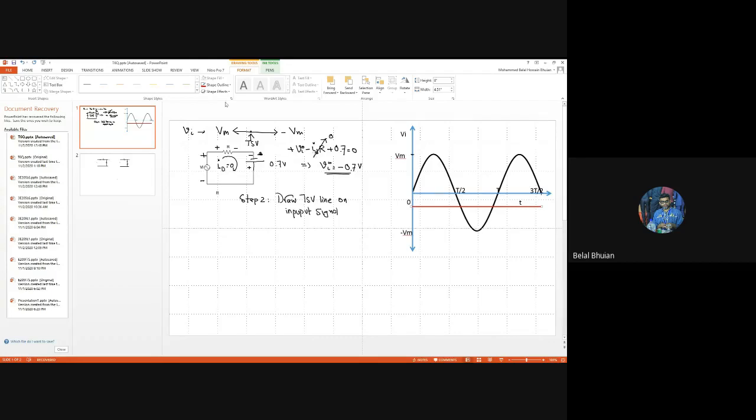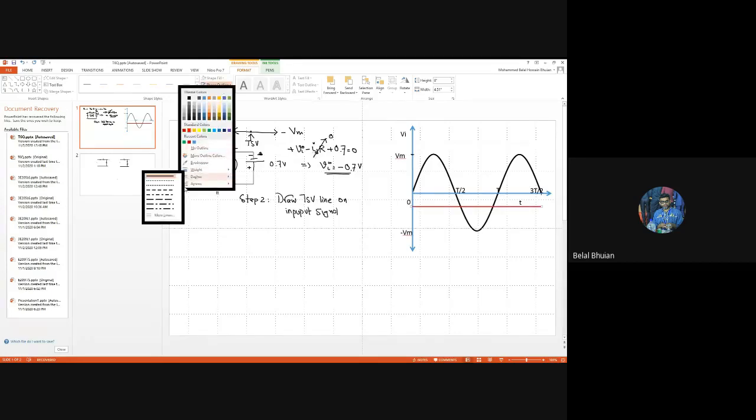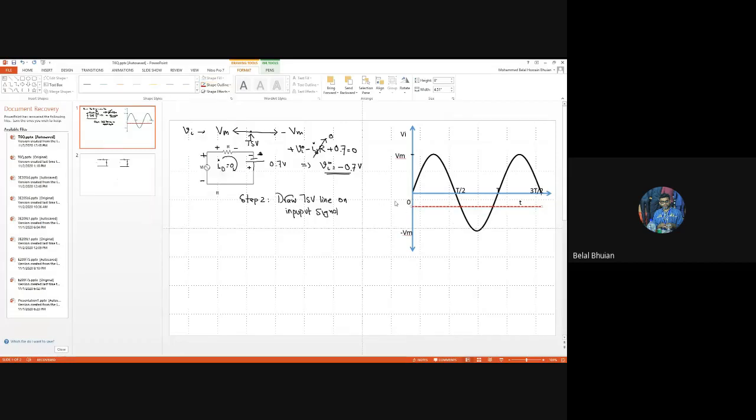Let's say this is our transition state line, to make it dotted. That is the transition state line. So what does that line indicate?